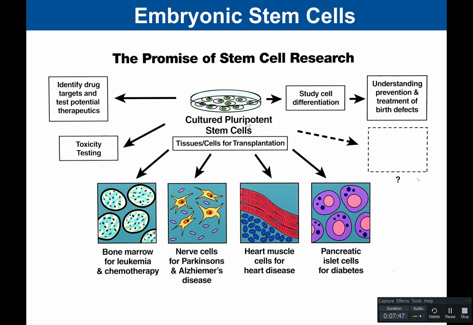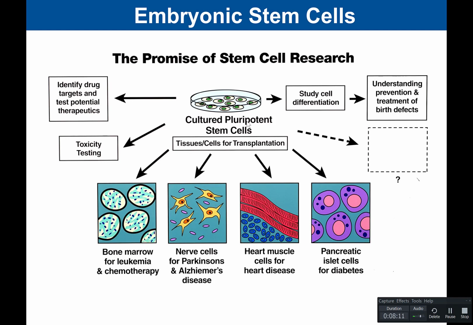In humans, our cells are considered to be pluripotent. The reason they're not totipotent is that they can't give rise to the extra embryonic tissue, which is what is needed to sustain a baby, for example. So we call our embryonic stem cells pluripotent.